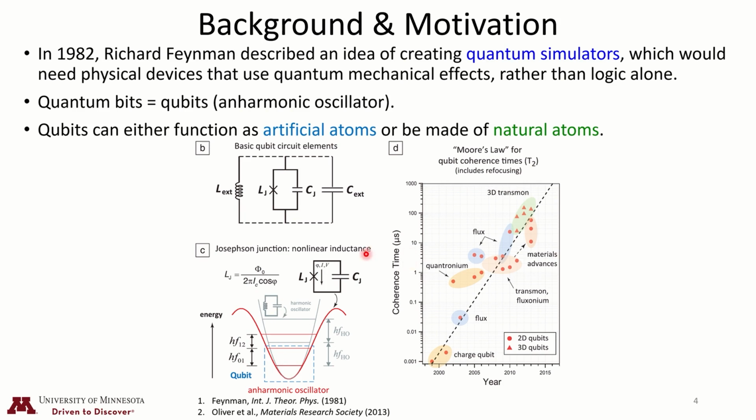And then the coherence time. This is a representation of a kind of Moore's law, because for semiconductor computing, classical computing, we have a Moore's law, and it's very well known.